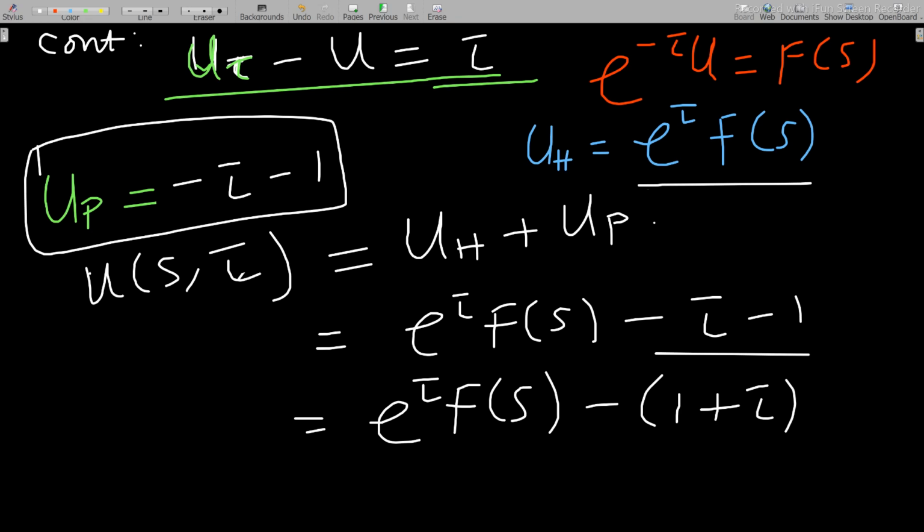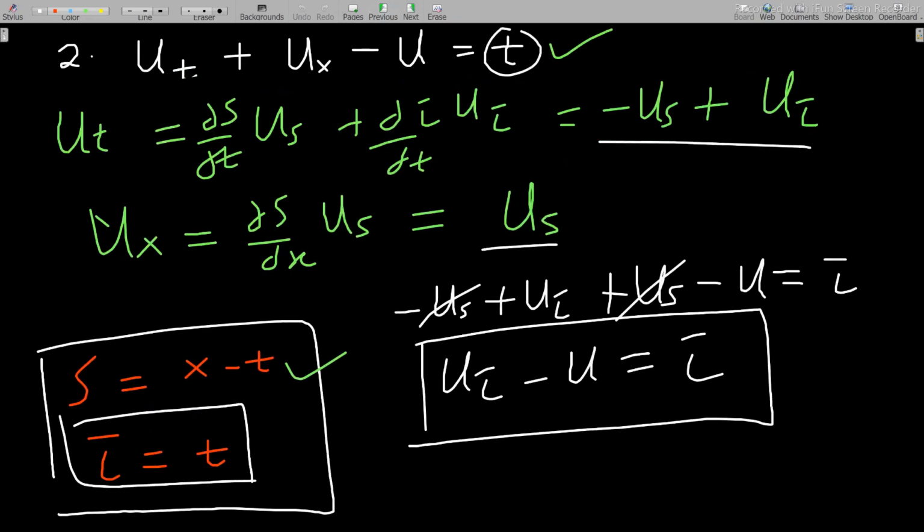Now let's go back and look for our f of s, our s and our tau. If you go back to our previous discussion, you can see that s is actually this, and this is our tau. s is x minus t, and tau is t.